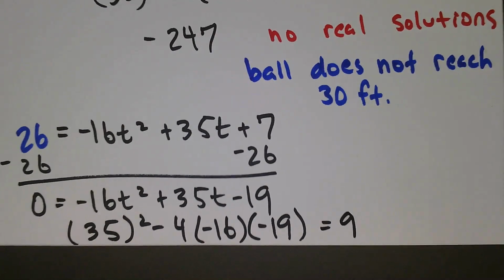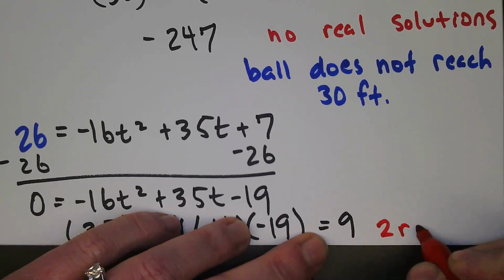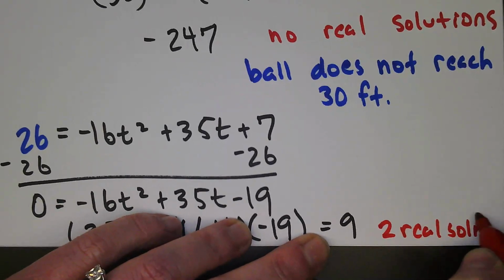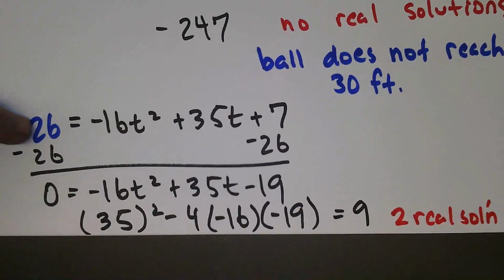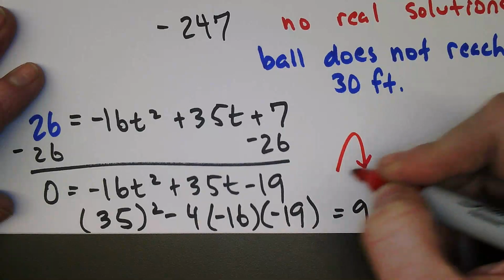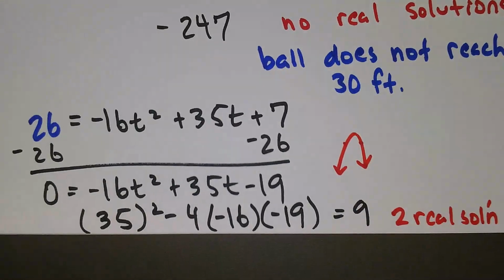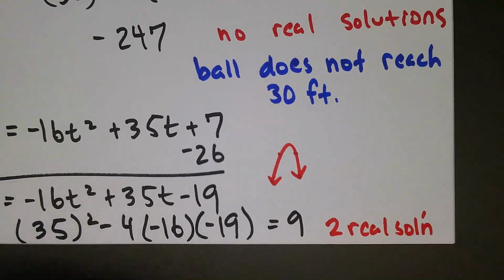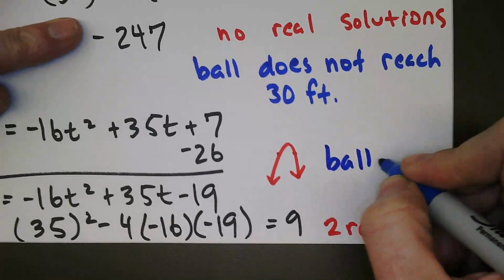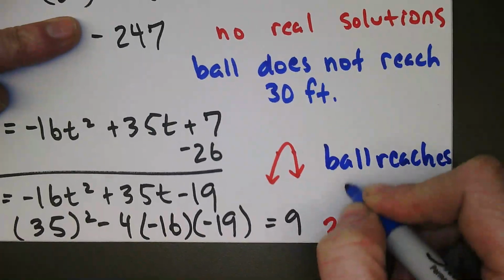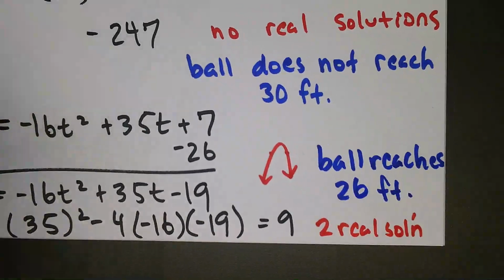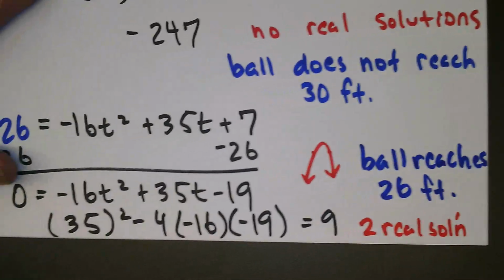This means there is a real solution. There's actually two real solutions. That's because it reaches 26 feet and then it comes back down again, so it'll reach that given height twice. So the ball does reach 26 feet. Okay, so I hope that's helpful.